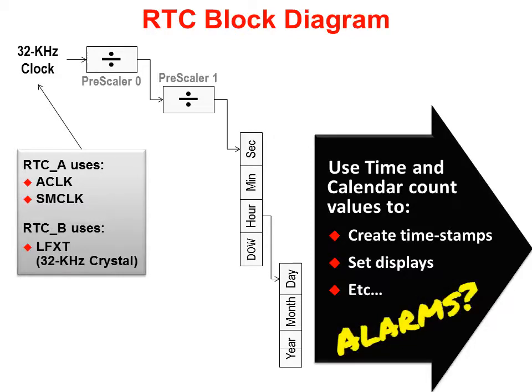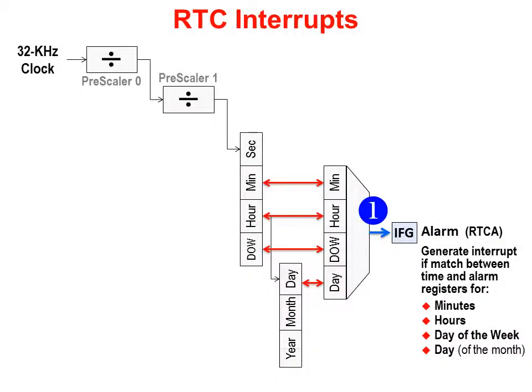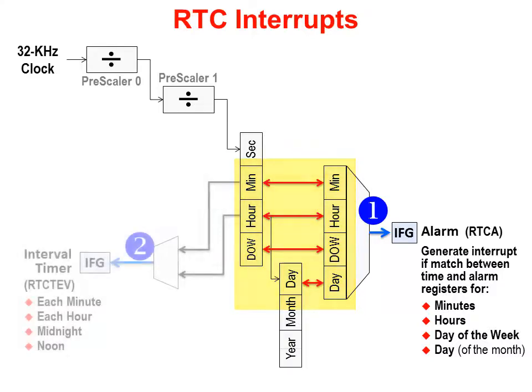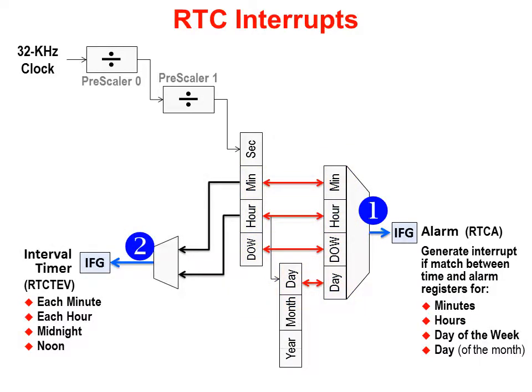Okay, but what about alarms? That is, what interrupts can the RTC generate? There are 6 types of RTC interrupts. 1. You can generate an interrupt whenever the value in the time register matches its associated alarm register. 2. An interrupt can be generated when RTC count events occur. This can happen at each minute, at each hour, or whenever the time reaches midnight or noon.